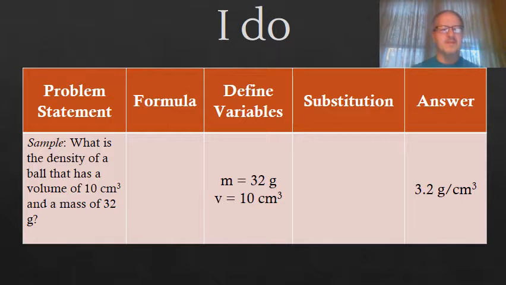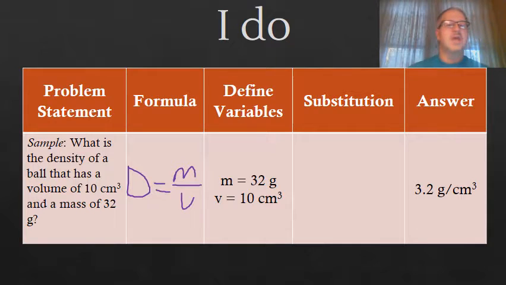The problem statement is we're looking for the density of a ball, and this ball has a volume of 10 centimeters cubed and a mass of 32 grams. The first thing we want to do is write down our formula, which by now we have memorized. D equals mass over volume.